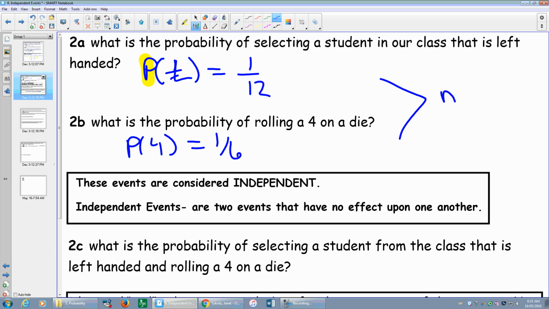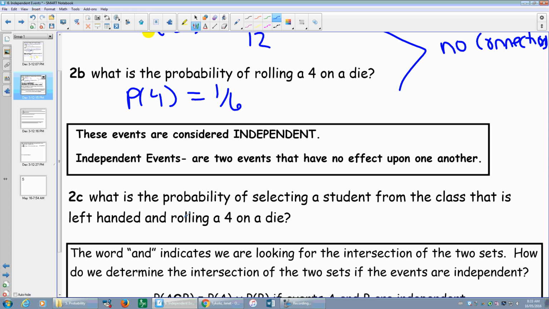There are no connections between the two. There's absolutely no connection between rolling a 4 on a die and the probability of picking someone who's left-handed in our class. So these events are considered independent. Independent events are 2 events that have no effect on one another.